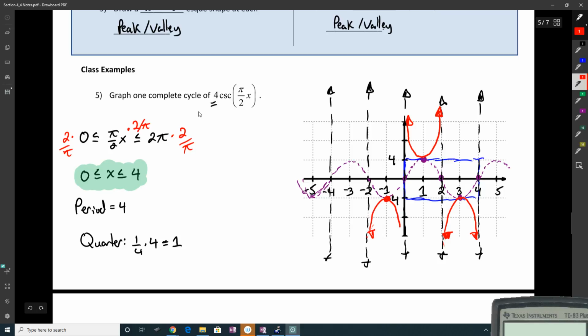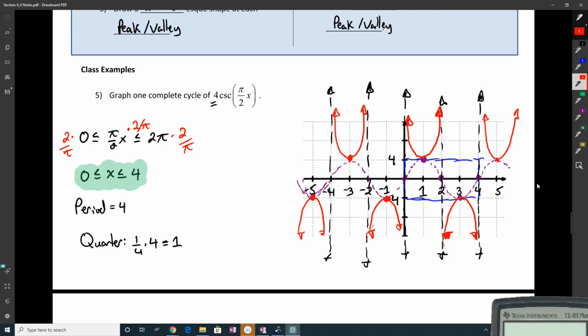This point here, it's going to go up. This point here, it's going to go down. And then this point here, it's going to go up. There we go. So again, all they really wanted from us was one cycle, but I went ahead and just filled up the whole graph.